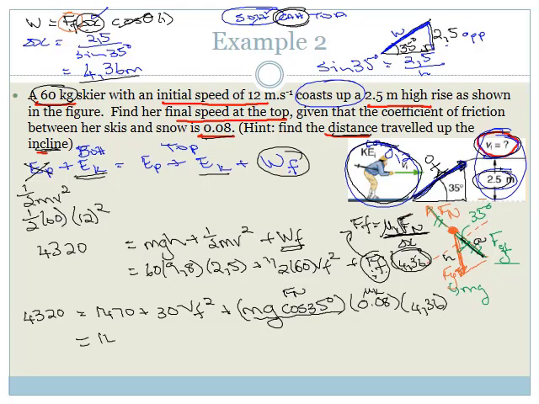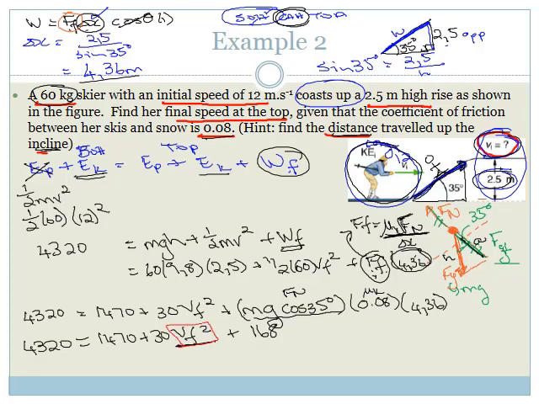So now that is equal to 1470 plus 30 Vf squared plus m is 60 times 9.8 times cos of 35 degrees times 0.08 times 4.36. And that gives you 168. So that becomes 168. And that's 4,320. So now all we have to do is solve for our Vf squared.